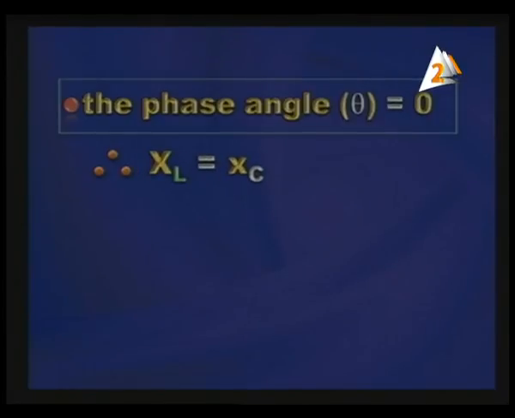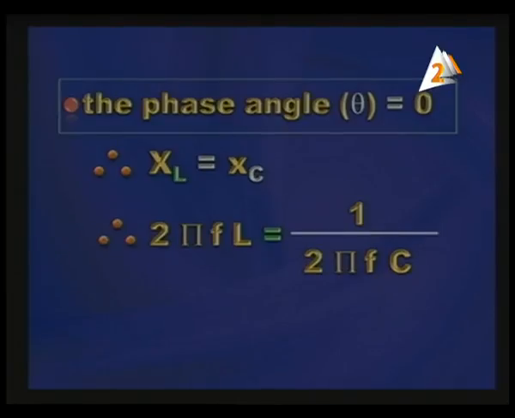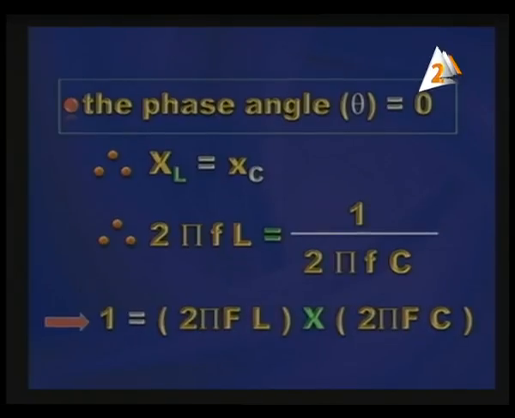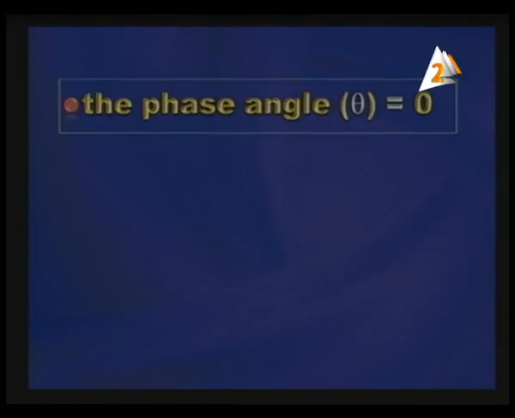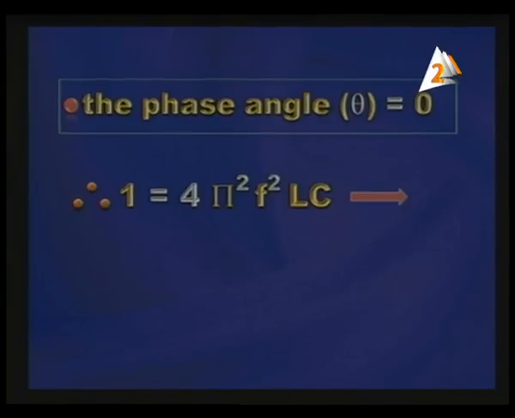At resonance, as I said, XL is equal to XC, so 2 pi FL is equal to 1 over 2 pi FC. It follows that 1 is equal to the product of 2 pi FL times 2 pi FC. So it is equal to 4 pi squared F squared LC.